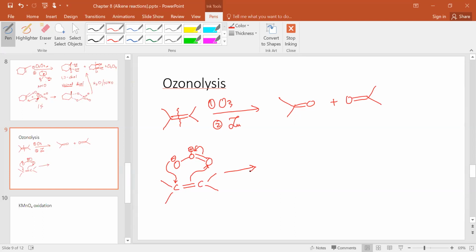And this intermediate will form. This is called molozonide. Again, further steps happen. Don't worry about that one, and it will form like this.